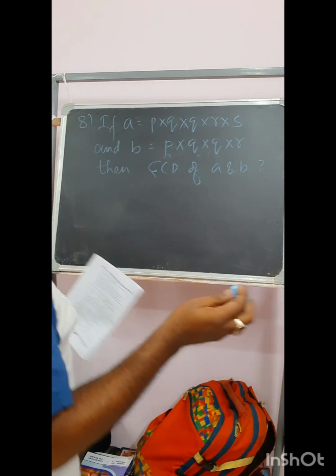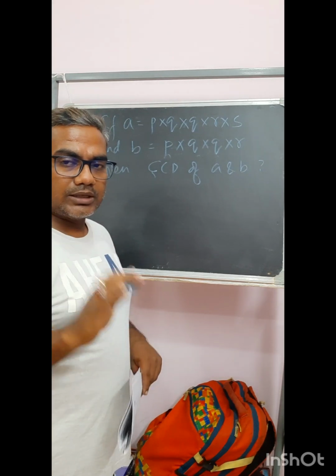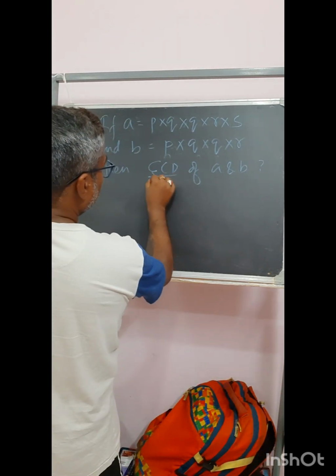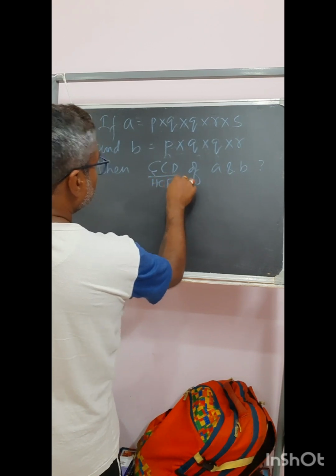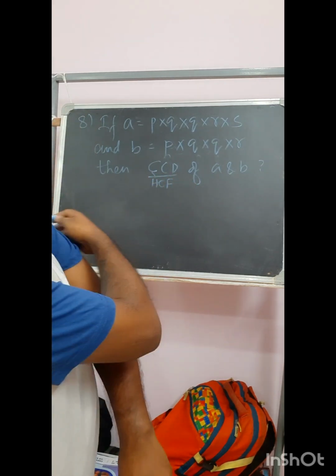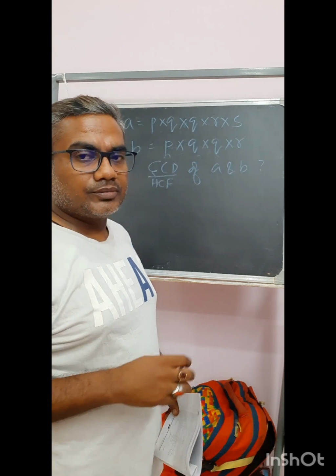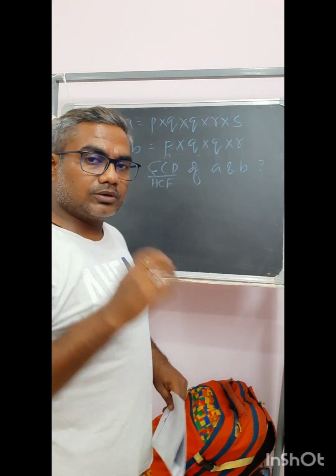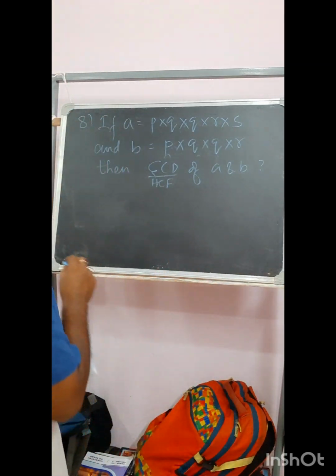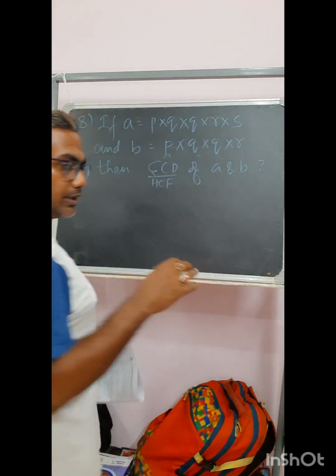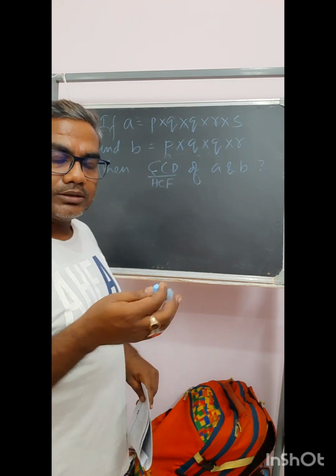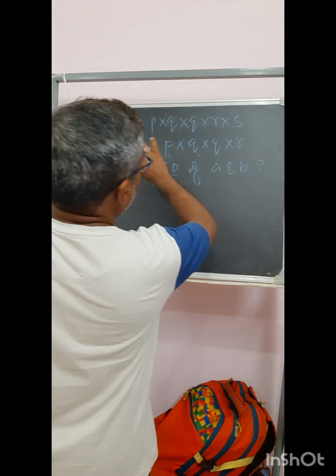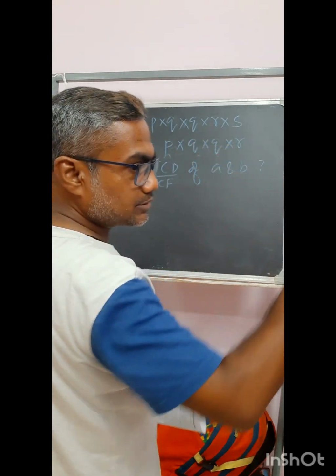Now in earlier cases the problem was to calculate LCM, but this time it is GCD, that means HCF. We know that for HCF we have to consider only the common factors, not all factors, and to the lowest degree, where the power is minimum.